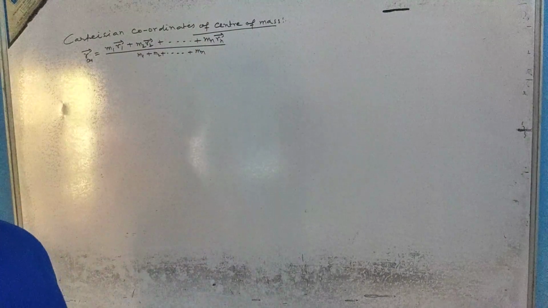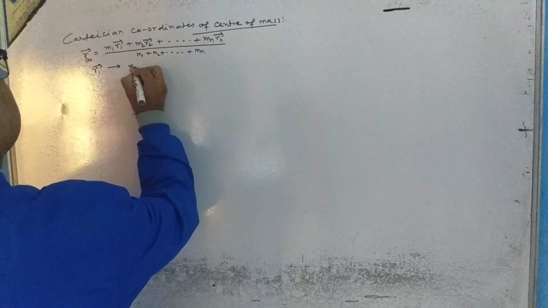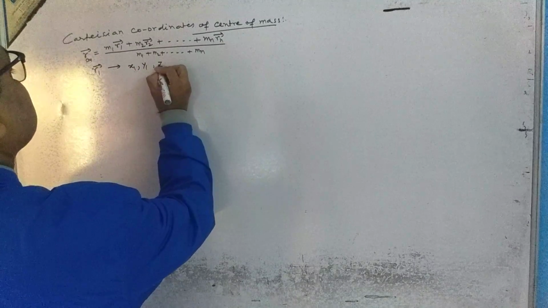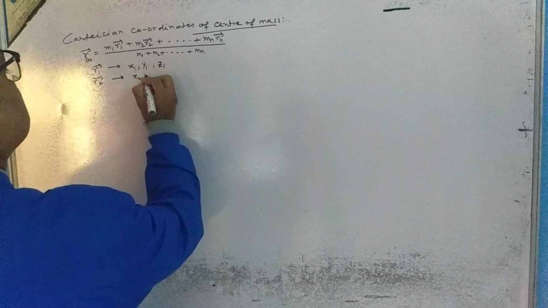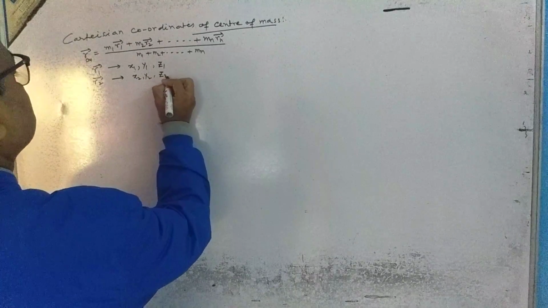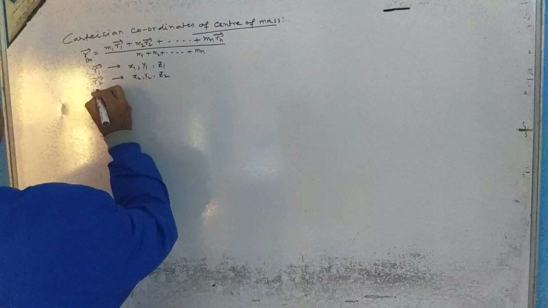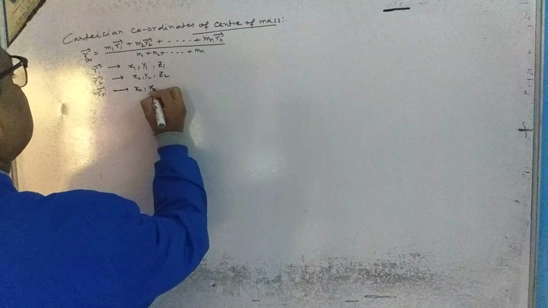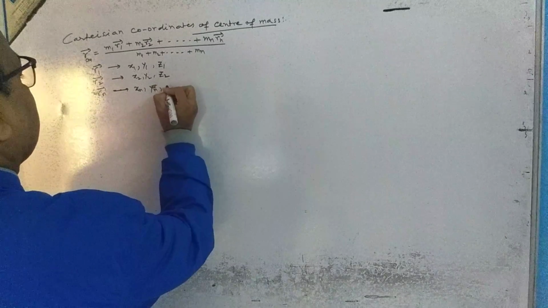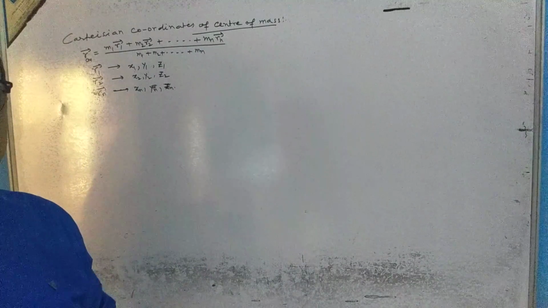Now, if r1 vector is resolved into x1, y1, z1, r2 vector is resolved into x2, y2, z2, and similarly rn vector is resolved into xn, yn and zn respectively.